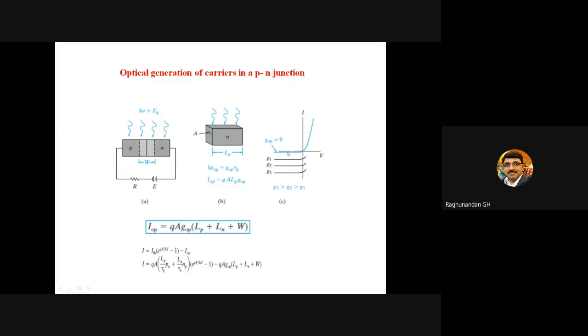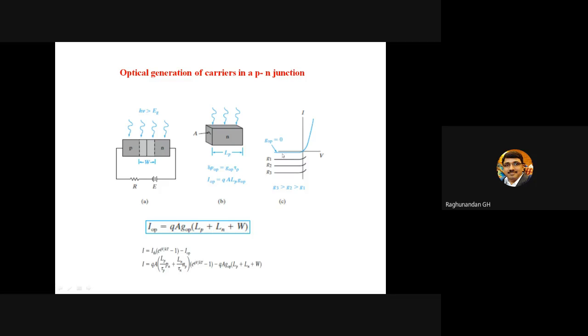You can observe in this graph, this is the forward bias condition and this is the reverse bias condition. Here GOP is equal to 0. GOP, the optical generation rate, means the generation of charges because of light. It is equal to 0 because this is the reverse bias graph.